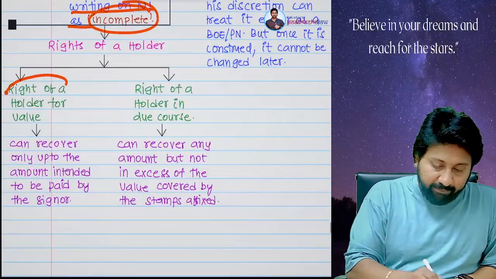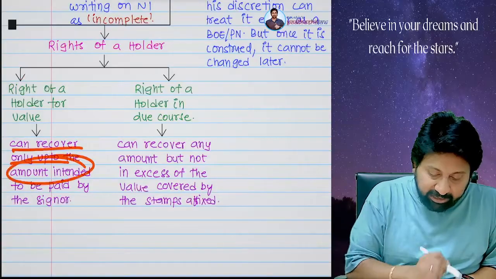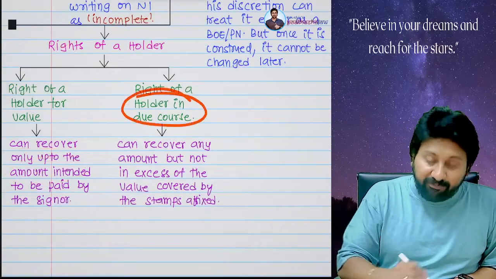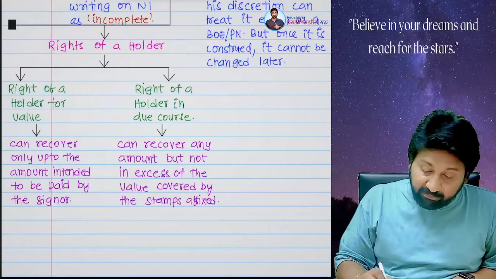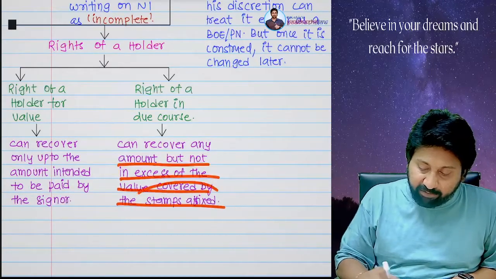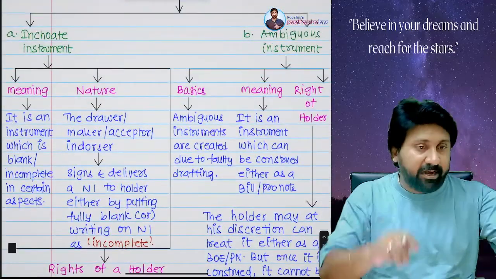Rights of the holder: a holder for value can recover only up to the amount intended to be paid. Right of a holder in due course: he can recover any amount, but not in excess of the value covered by the stamp affixed. Read it properly. 1 minute time. Read it first.